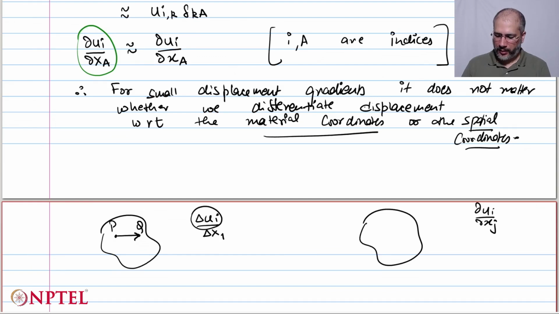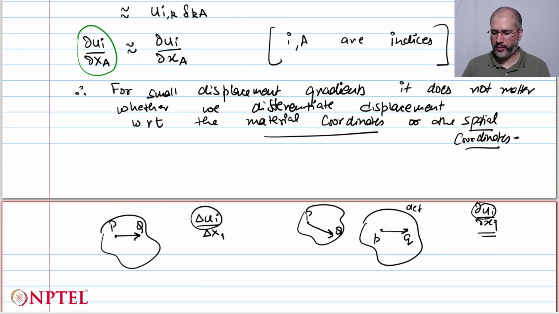that would mean that if I have the deformed configuration and I have a point P, I find a Q, let's say I'm talking about del small x1. So I find a small q in the deformed configuration, and then I look for the corresponding Q in the undeformed configuration. So this time we are moving in the deformed configuration and then finding the inverse map in the undeformed configuration, and then we'll find the ratio of this delta u_i to delta small x_j.